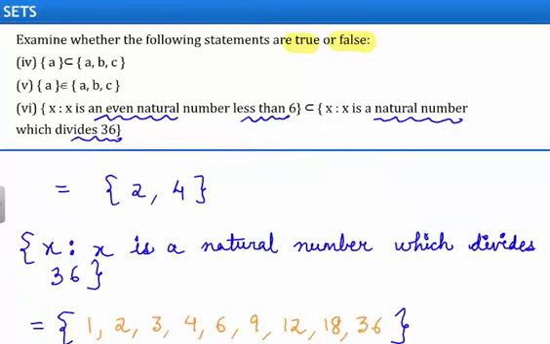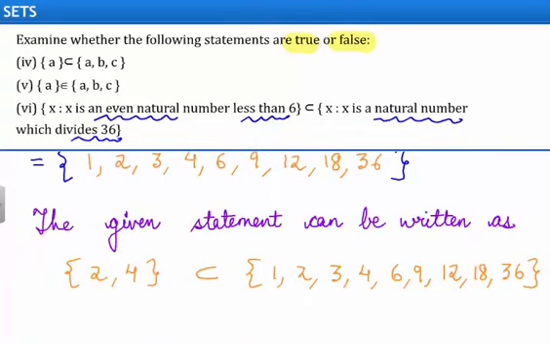And the second set can be written in roster form as this. The elements will be 1, 2, 3, 4, 6, 9, 12, 18 and 36, as we know that these are the natural numbers which divide 36. So the given statement can be written as this.